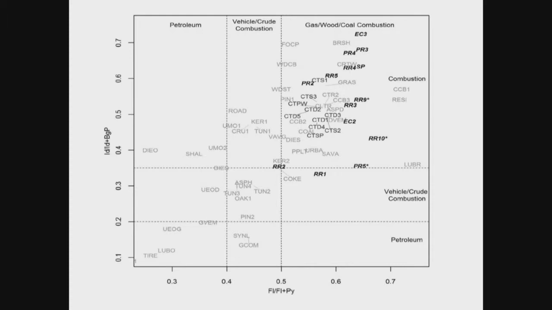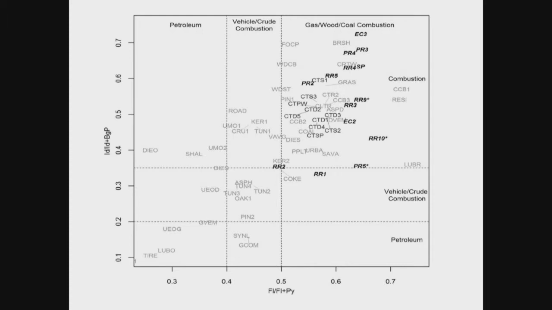We looked at this and we plotted our samples. And so in bold are our samples, Root River, Plover River, Eau Claire. You can see some of those popping out. So they're all falling pretty much into the combustion area of this graph. And we know this again from other studies where combustion byproduct PAH profiles show up. So they're coming from burning things. That's pretty clear from this graph.